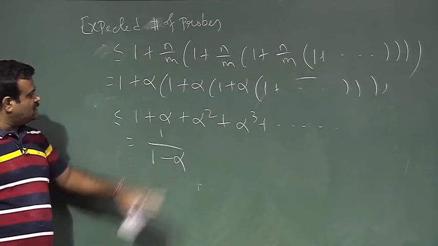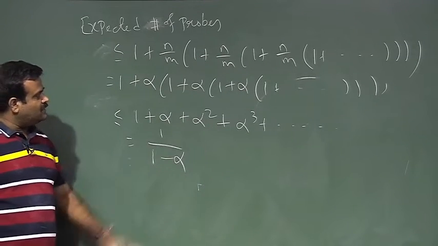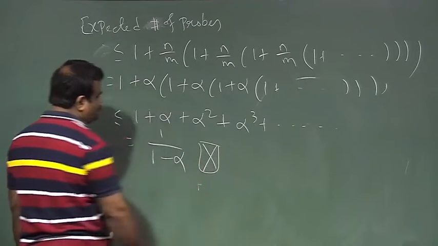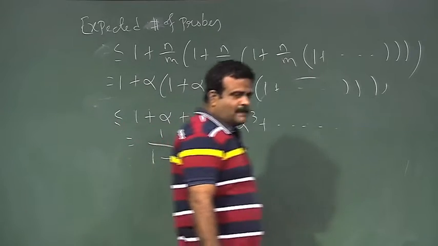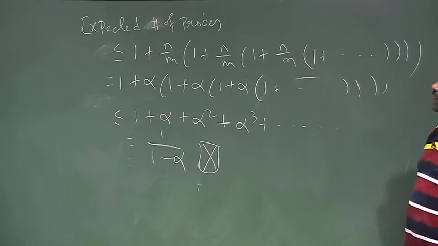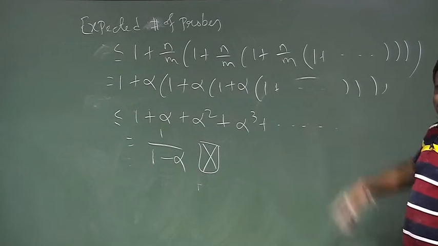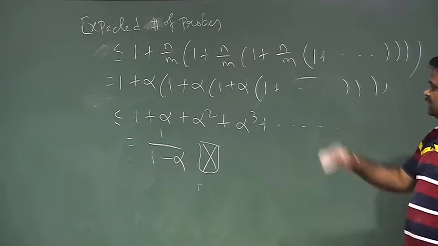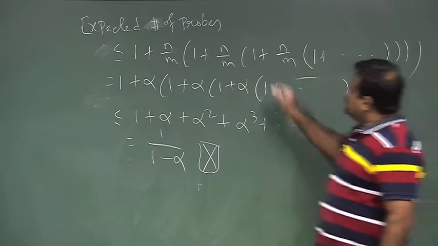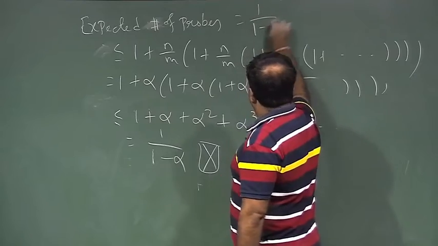So, this is the proof. Okay. So, the expected number of probes for an unsuccessful search in an open address hash table is basically 1 by 1 minus alpha. So, what is the meaning of this?